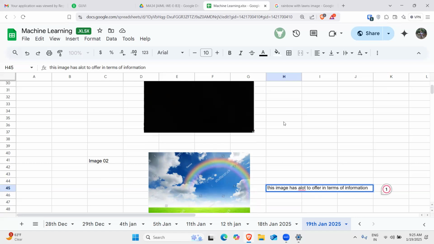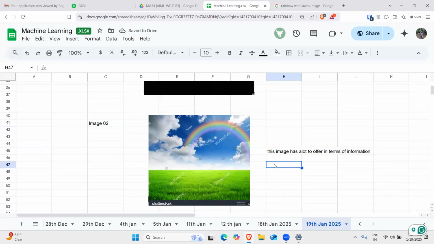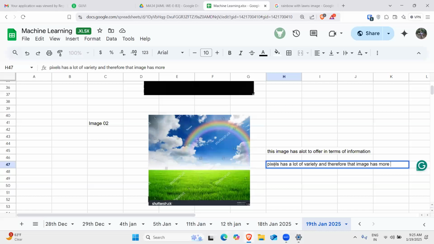So the pixels have a lot of variety, and therefore the image has more variance. Yes or no?